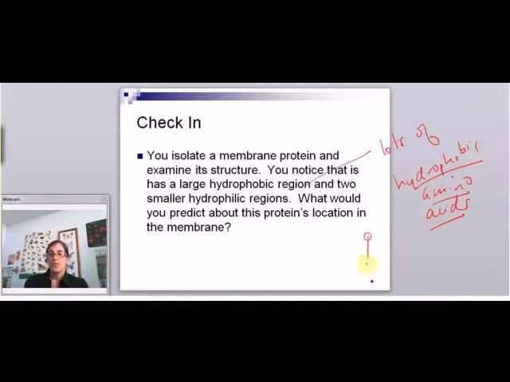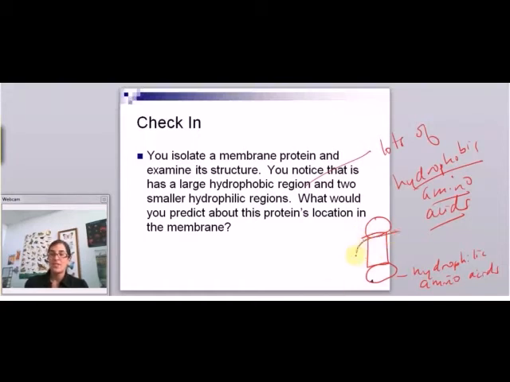So we've got a protein with lots of hydrophobic amino acids and then two smaller hydrophilic regions. So remember that would mean that there would be hydrophilic amino acids. And again, referring back to chapter 3, that's how the amino acids are classified because it's a really significant trait about them. So what would you predict about this protein's location in the membrane?